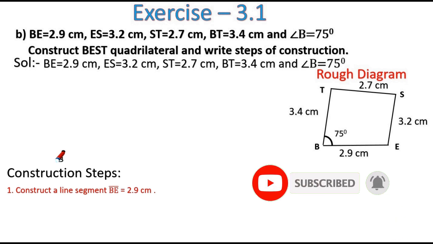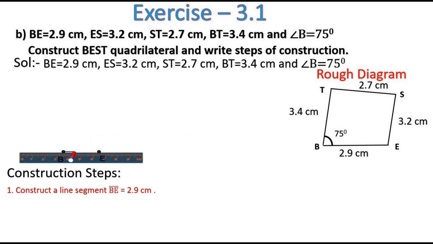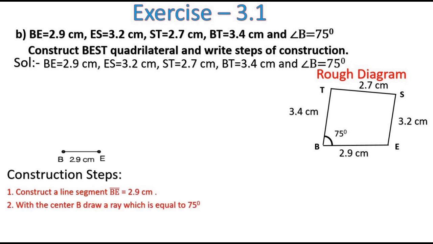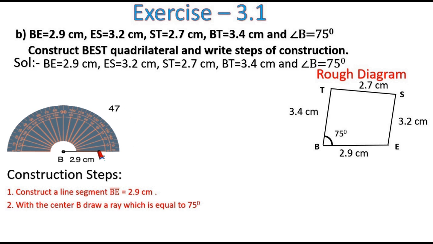Construct a line segment BE is equal to 2.9 centimeters. With the center B, draw a ray at 75 degrees.